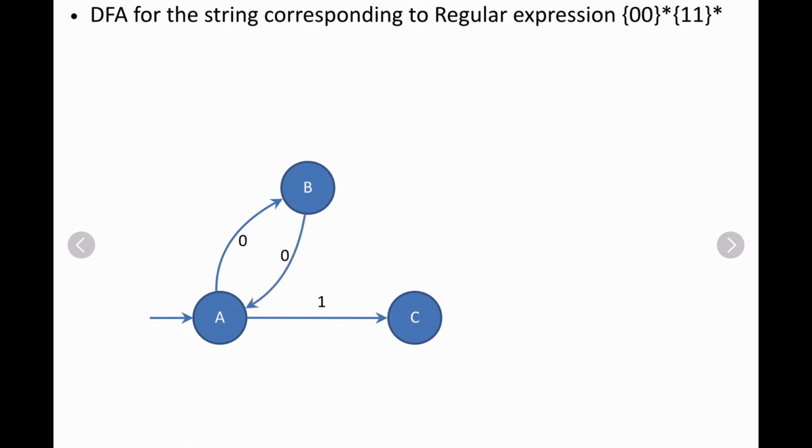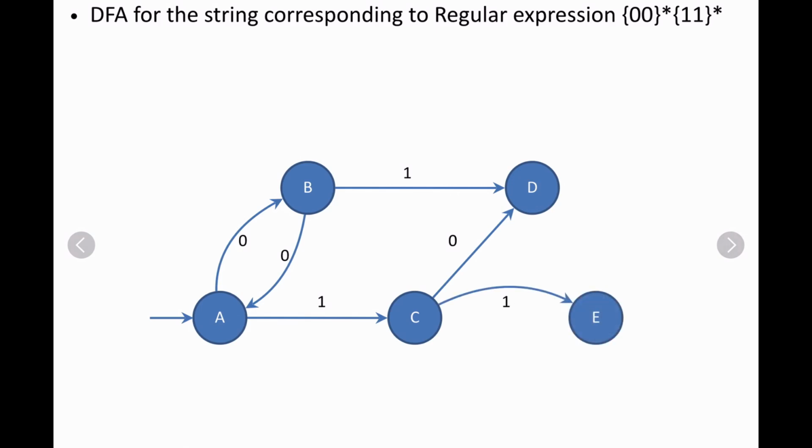B on 0 goes to A, and on 1 goes to D. From C, on 0 it goes to D, and on 1 it goes to E. D is a dead state, also called a non-final, intermediate or non-accepting state. It gives 0 and 1 to itself. E on 0 goes to D, and on 1 comes back to C.